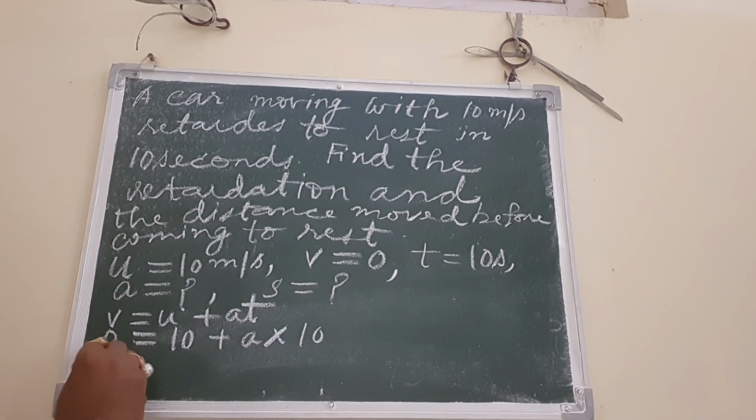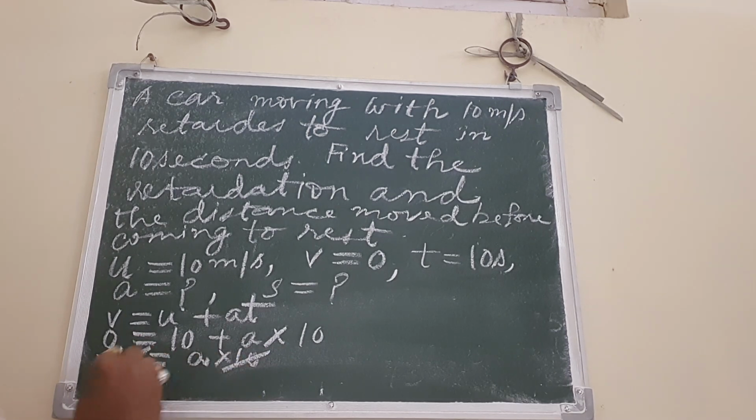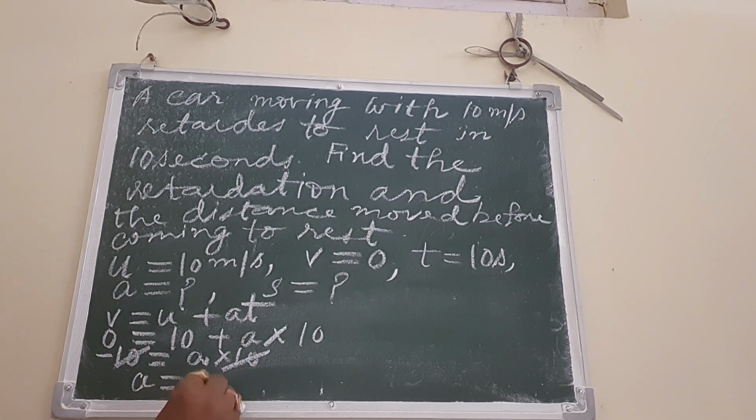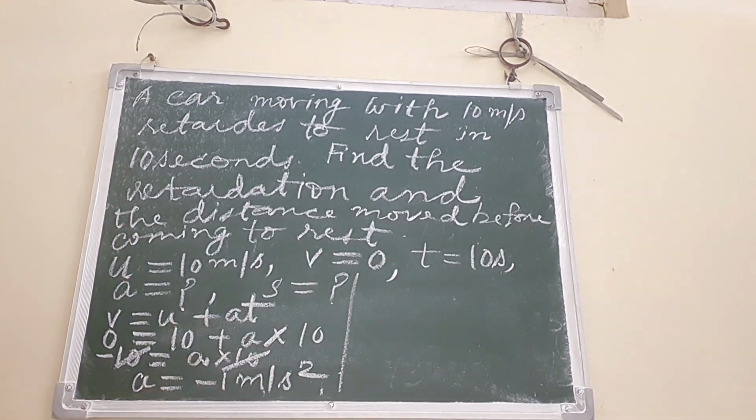So this comes to the other side, so it becomes minus a into 10. So 10 gets cancelled, so a is equal to minus 1 meter per second square. Minus 1, the negative sign indicates that it is retardation. So here the retardation is 1 meter per second square.